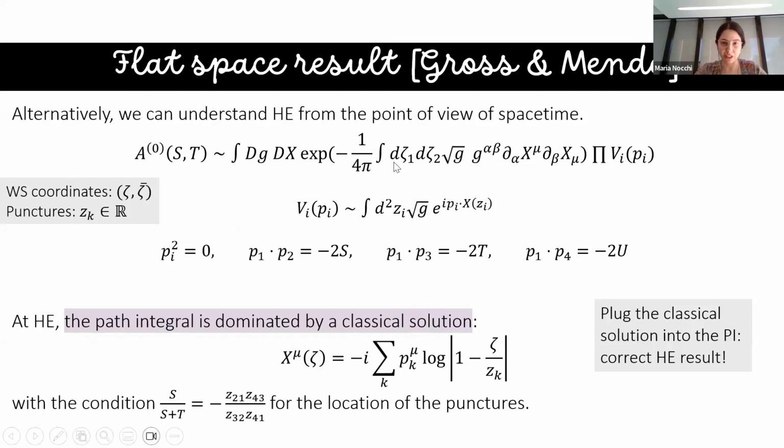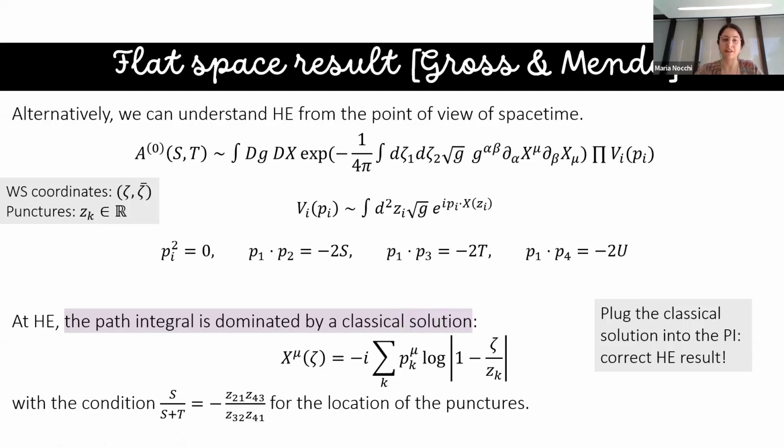Here I'm using zeta to call the worksheet coordinates, while z_k, z_i are the punctures. They're taken to be real. You don't lose any physical information by doing that. It's just convenient for our computations. And then we are studying scattering in the massless case, so p_i squared is 0, and then there is the usual link between momenta and Mandelstam variables.